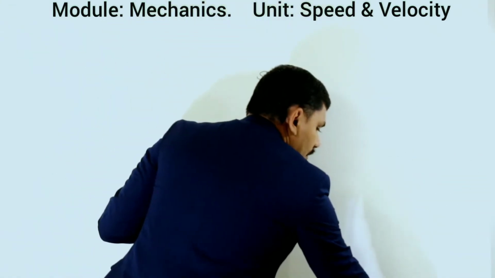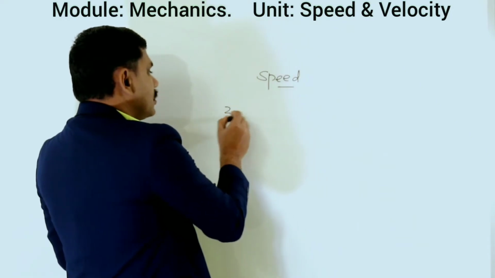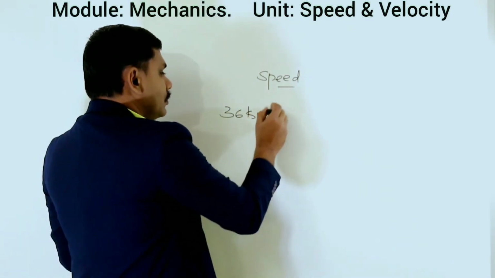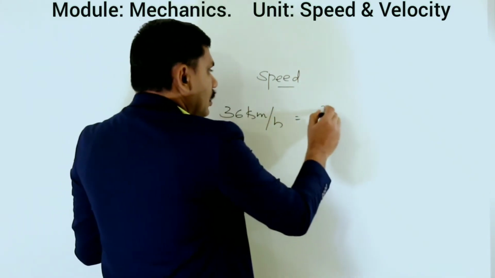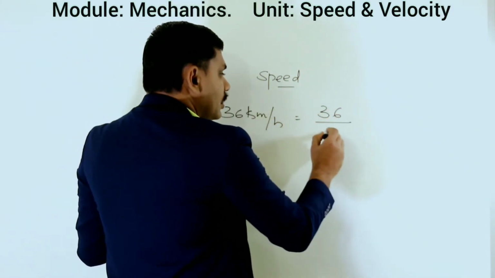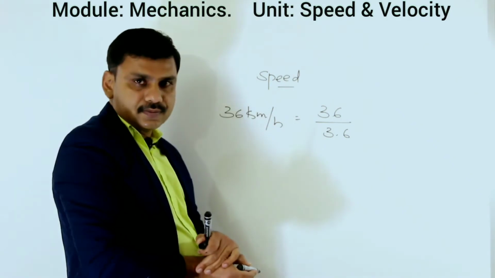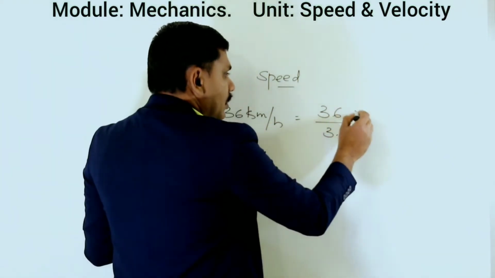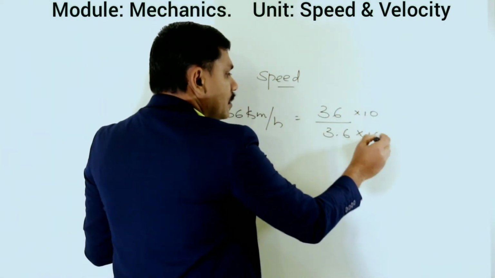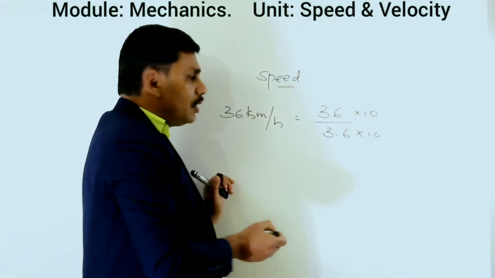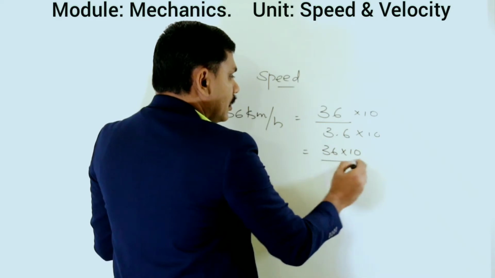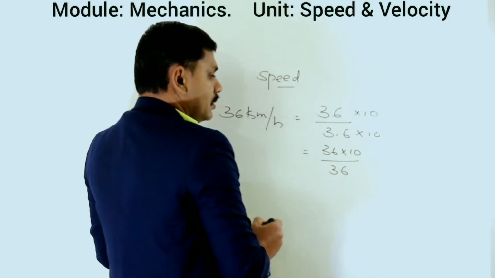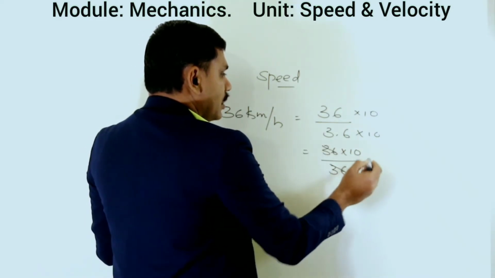So if you want to convert 36 kilometer per hour to meter per second, how will you convert? 36, you just divide with 3.6, multiplying with 10 here also. So it will be 36 multiplied by 10 divided by 36. 36 cancels.